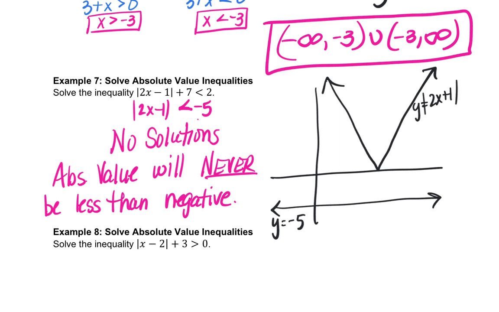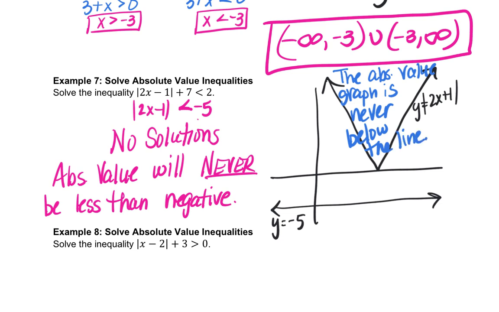So the absolute value graph is never below the line.